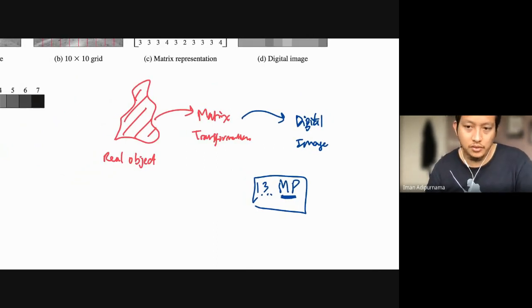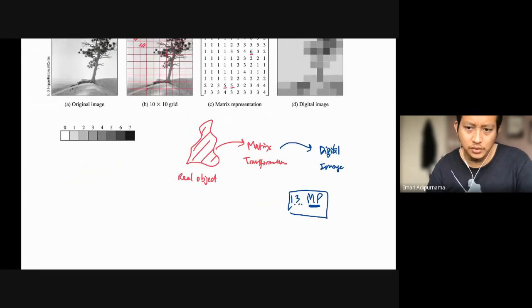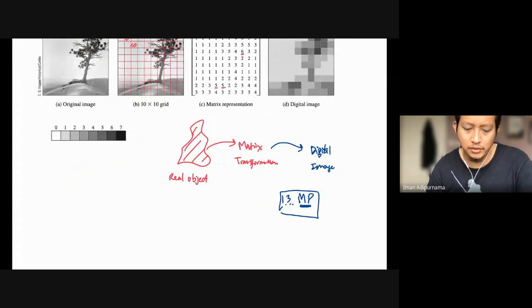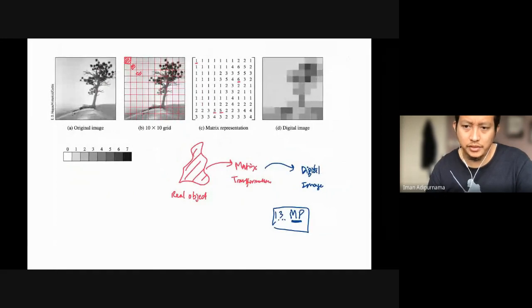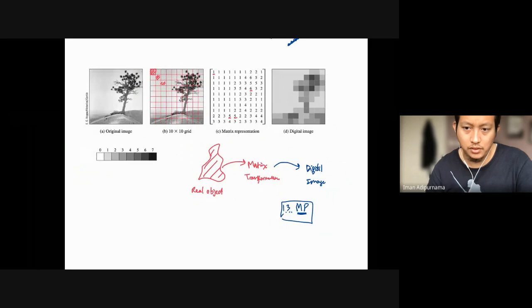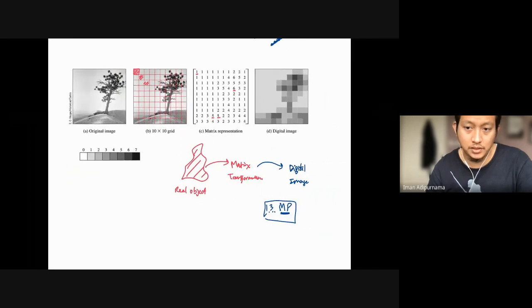Do you guys already know this, or did you just learn about these matrix applications now? Have you heard about the pixels on your smartphone before?